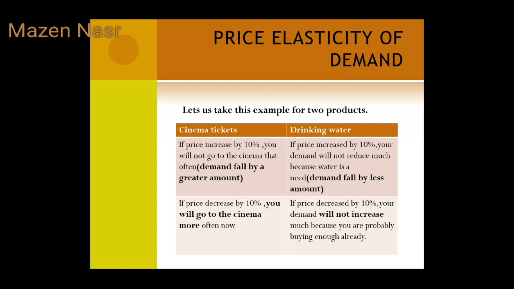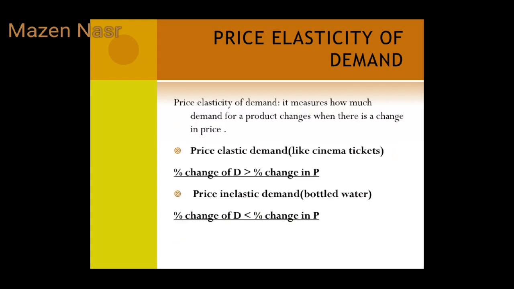And price inelastic demand is when the percentage change in the demand is less than the percentage change in the price. So as I said, it measures how much demand of the product changes when there is a change in the price, like the percentage change in demand with respect to the change in the price in the cinema tickets situation and the water situation.